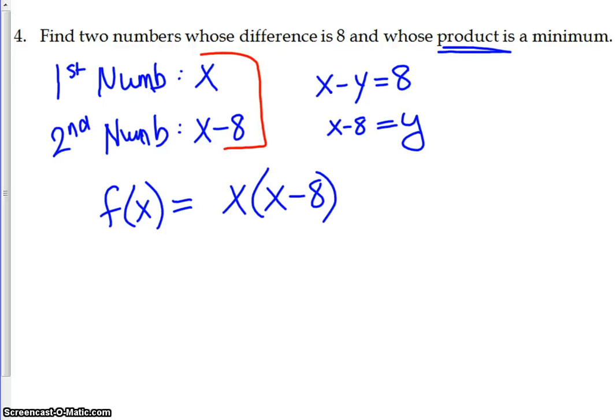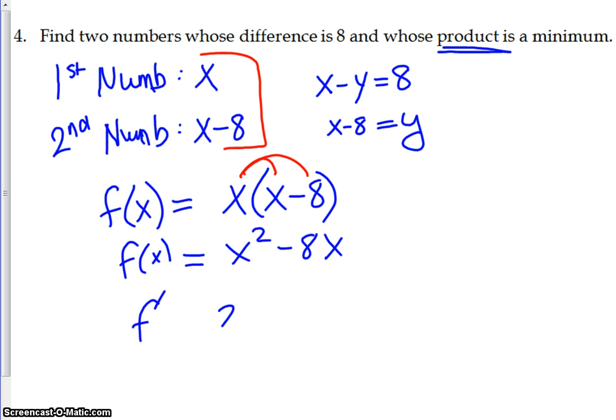So now we're back to here where we have to do the distributive property to figure out what this function is. It's x squared minus 8x. Our process now is we take the first derivative, so I'm going to find f prime, and that would be 2x minus 8. I set that first derivative equal to 0 and solve, and then our x is 4.